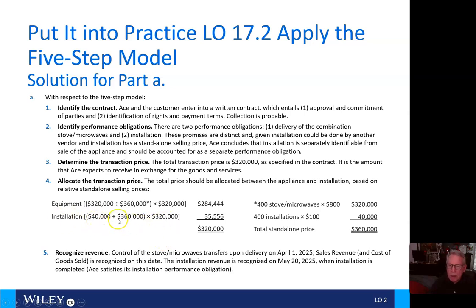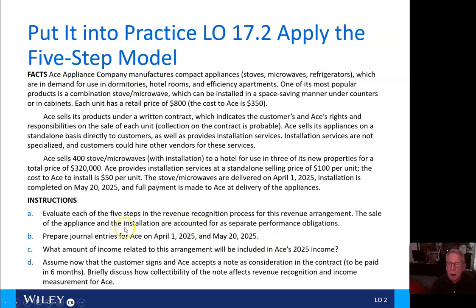So the equipment was $320,000. We're going to divide that. Let's go back. Here was the $320,000, right?